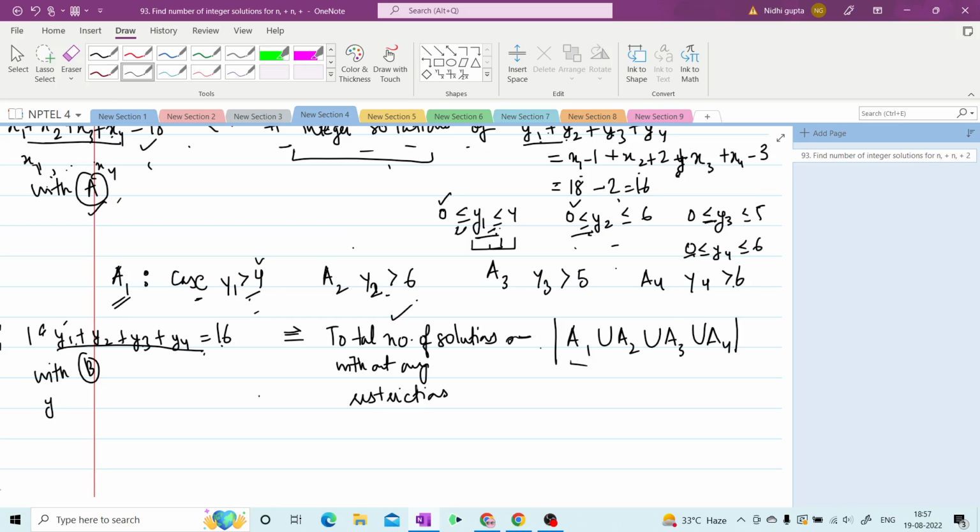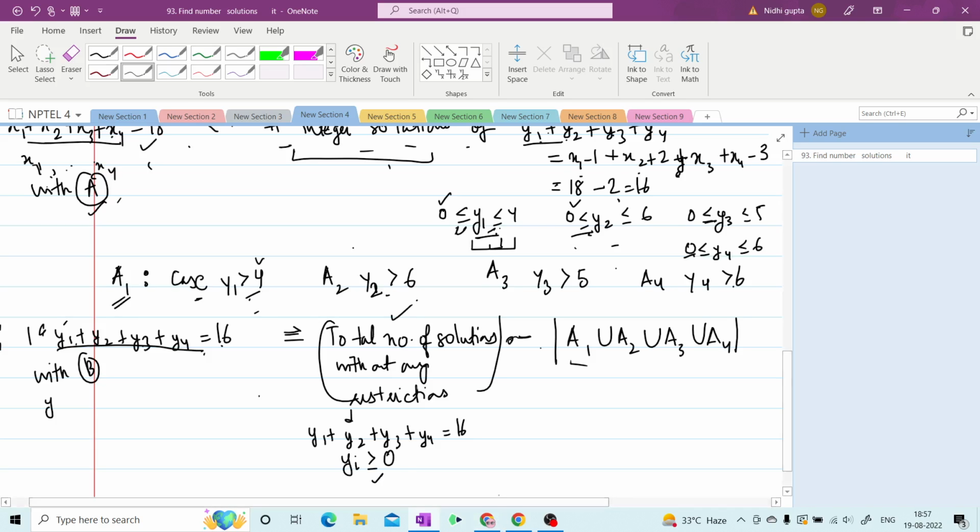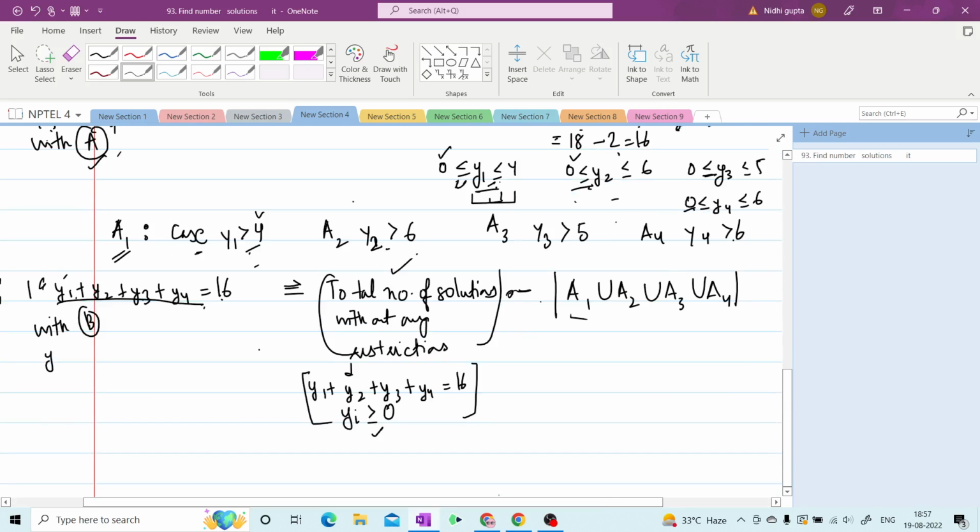That scenario, the total number of solutions without any restriction, is the solutions of the equation y1 plus y2 plus y3 plus y4 is equal to 16 when the only condition is that yi are greater than 0. This we know how to calculate from the previous.